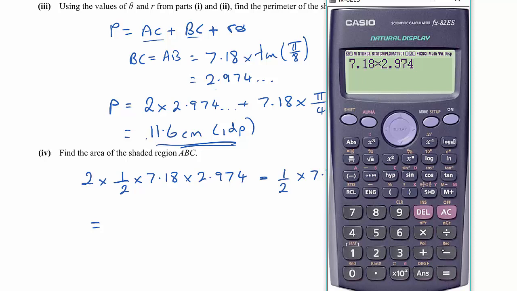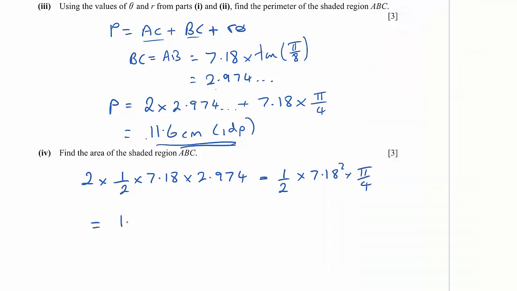So that's that, and then we'll take away from that a half times 7.18 squared times pi by 4. And that gives me 1.11 centimeters squared, correct to 2 decimal places.